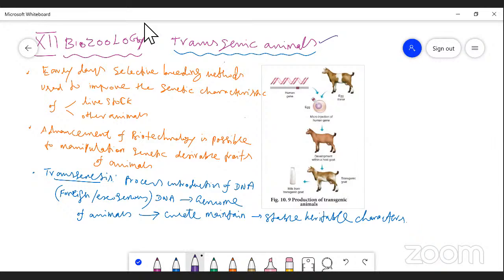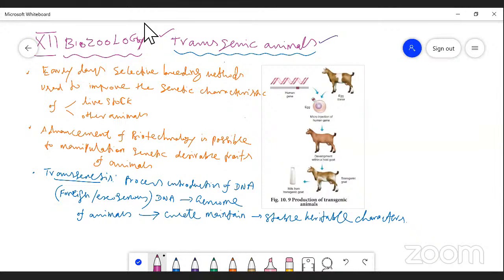What are the uses of biological product? Animal cloning. How to produce animal cloning. All these topics, now we will see in full detail. First we go for transgenic animals.